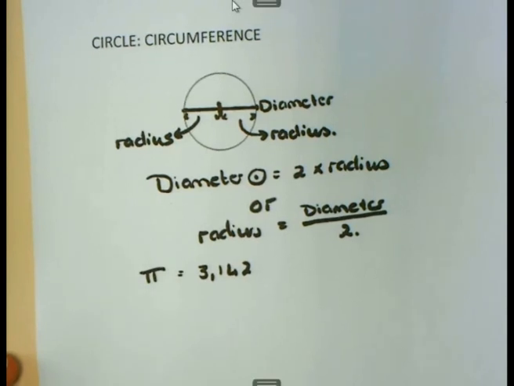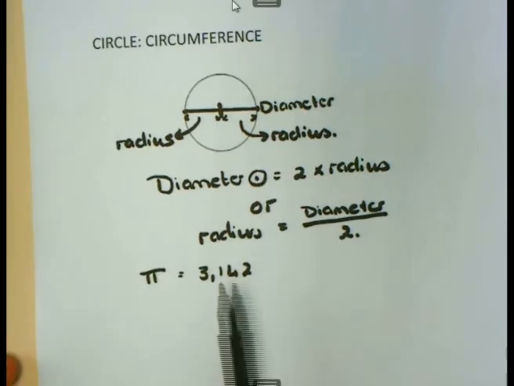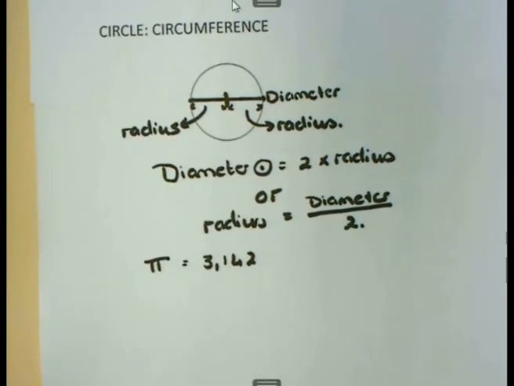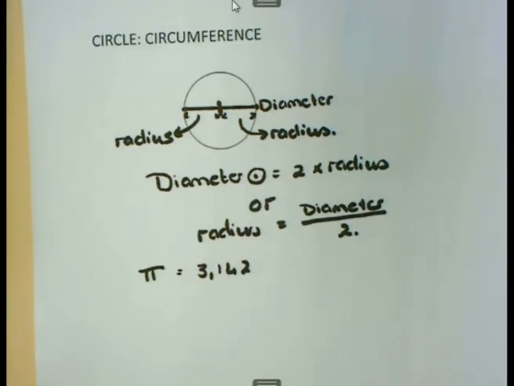In general, we give the value of pi up to 2 decimal numbers, or up to 3 decimal numbers. 3 decimal numbers is more accurate than 2 decimal numbers, but you must be guided by what you are given or by what you are requested to use for the value of pi. I'm going to use 3,142.